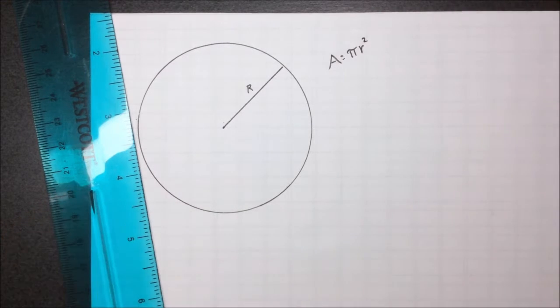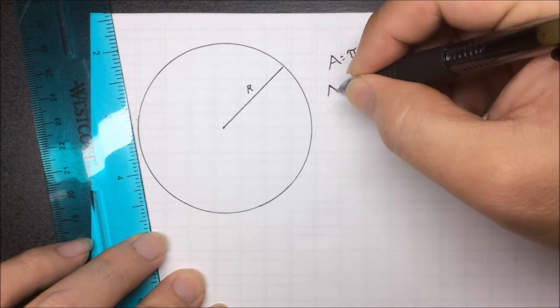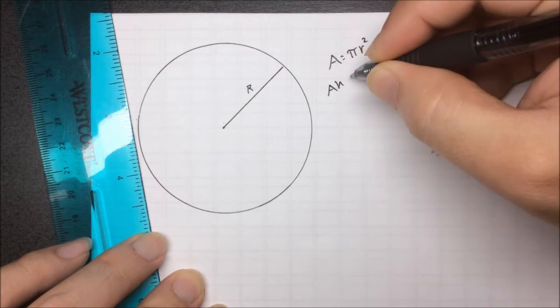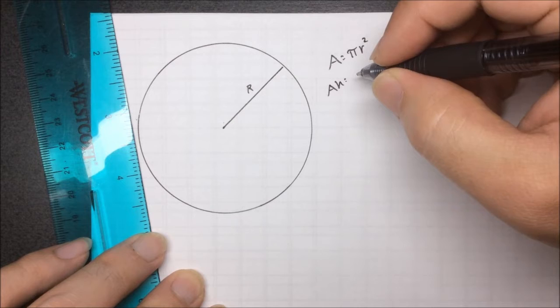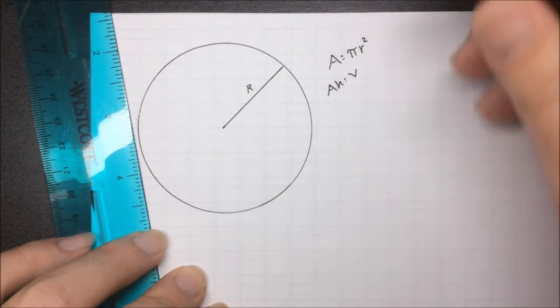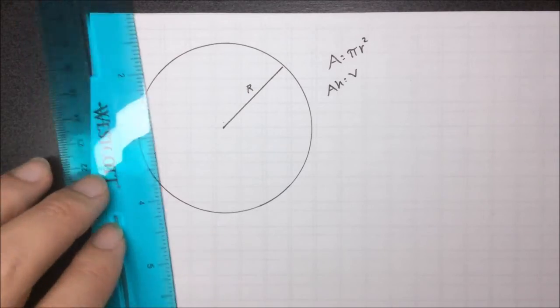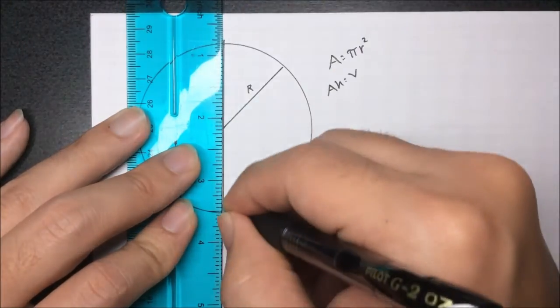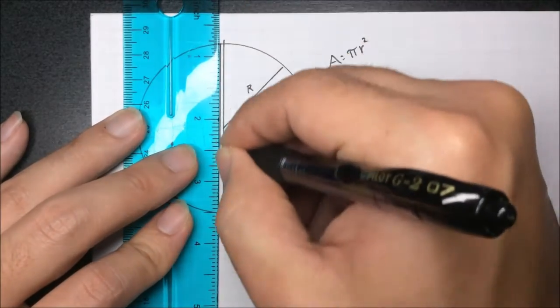Starting with that, if we know the area of a circle, we can find the volume of a cylinder by taking the area of the circle and multiplying by the height of the cylinder, which gives us the volume of the cylinder. So I'm going to work with little cylinders and split this sphere up into pieces that look a lot like this.